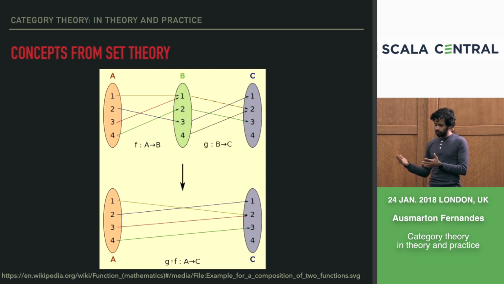You could treat A, B, and C as sets themselves, which would be the category of sets. And then you could treat A, B, and C as any collections of objects, basically. Or it could be a collection of functors, or any mathematical object.